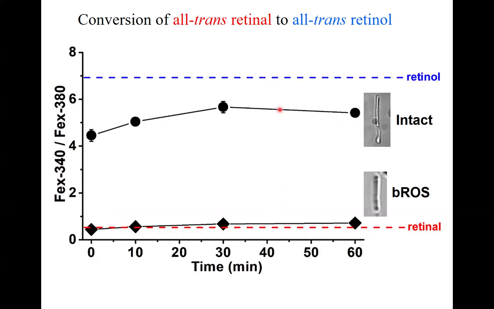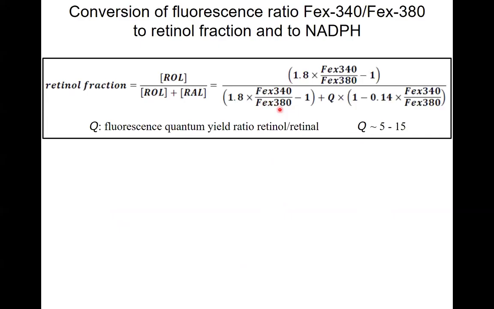Now, what we can do is run the numbers to see, can we get the fraction of retinal that has been converted to retinol? This is basically what you do with ratiometric imaging. What is important for the math here is that we are using 340 nanometers, and 340 is the isosbestic point, and that helps quite a bit.